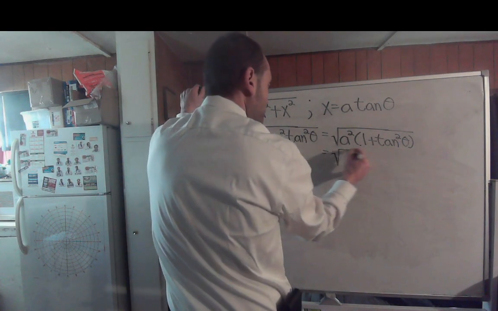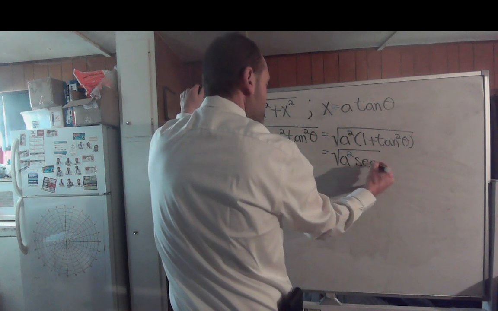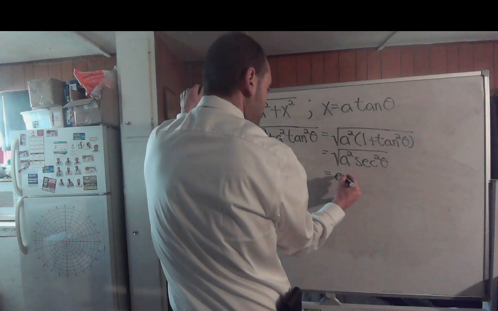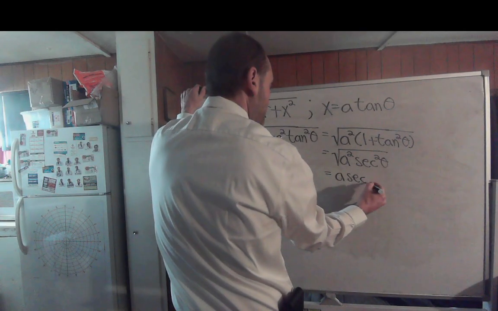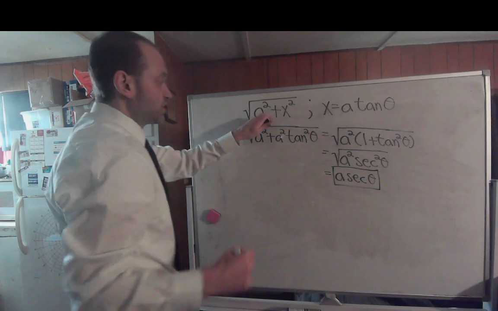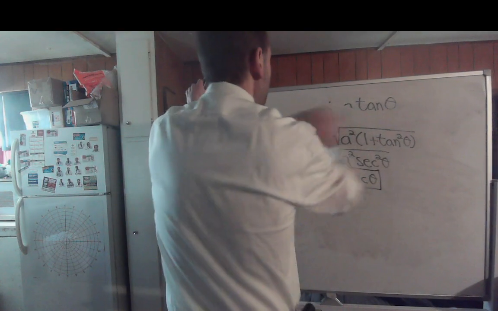That would end up being secant squared of theta. So you'll have the square root of a squared secant squared of theta, which the square root of that would be a secant of theta. So this can turn into a secant of theta. And I got 1 more, and then we're done. And if it's what I think it is, then this won't be that bad either.